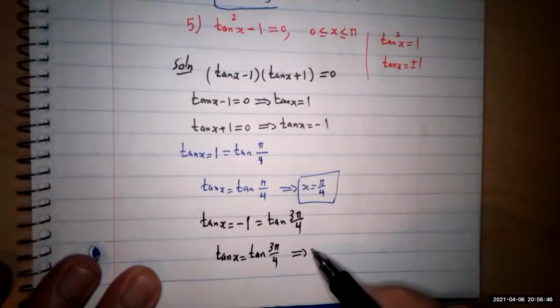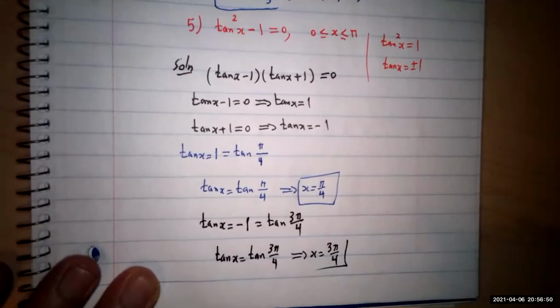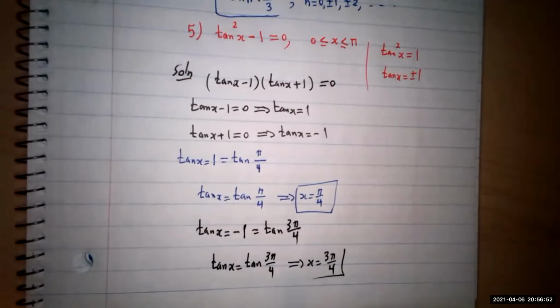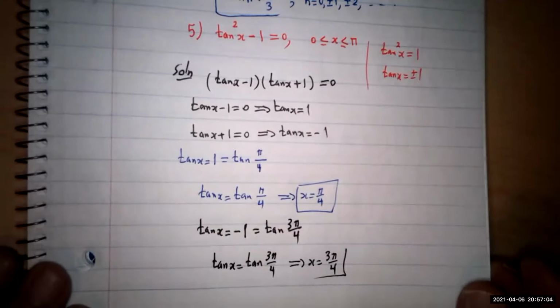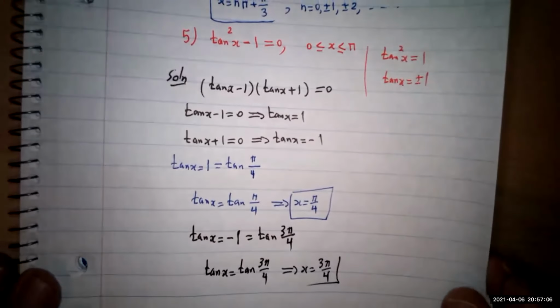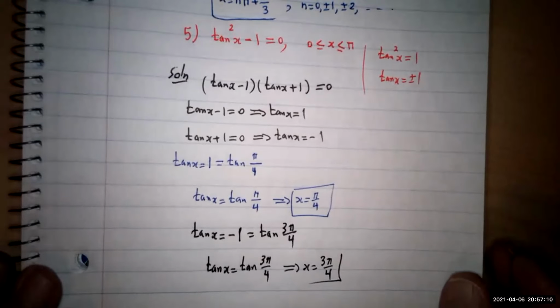That gives you x equal to 3 pi/4, and you're done. So this is the so-called tangent equation. Any question? No.